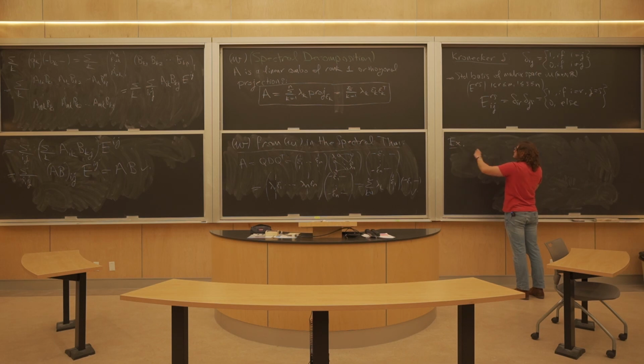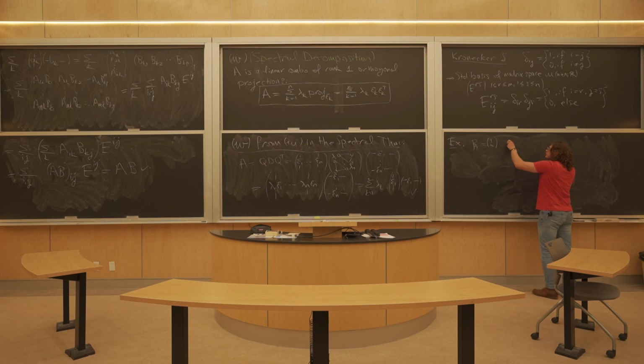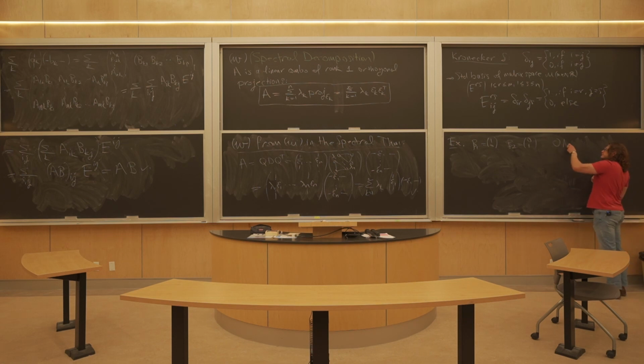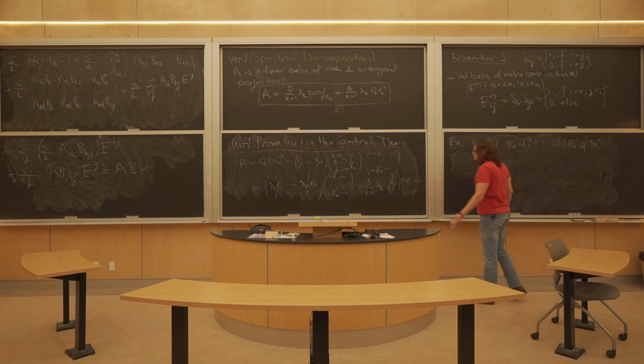Let's say that beta 1 is (1, 0), and beta 2 is (0, 1). Certainly this is an orthonormal basis of R2. But when I take these outer products, I'm not going to get 0 matrices, even when I take the mixed versions.